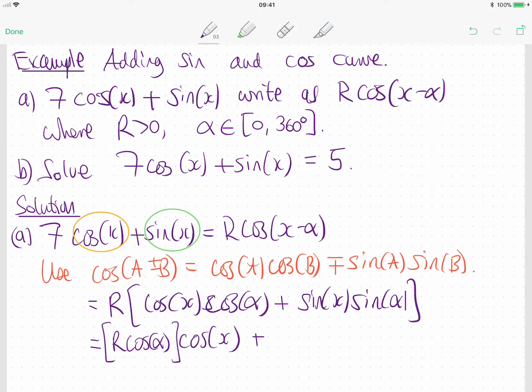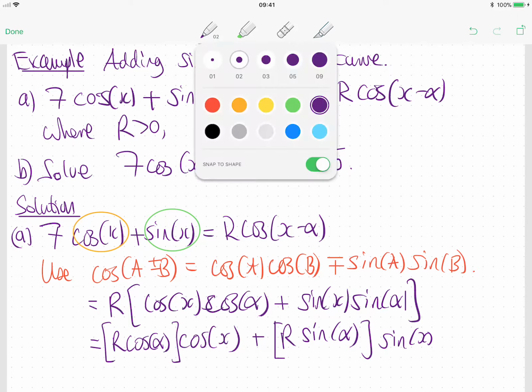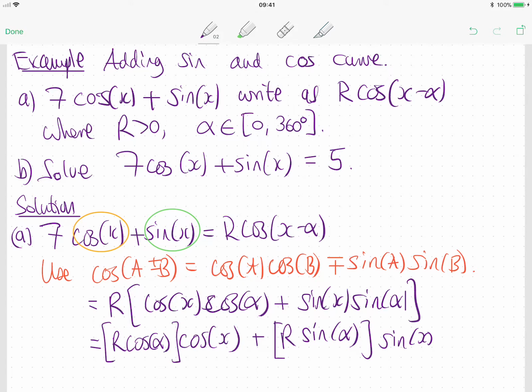And similarly for sine, I'm going to put the sine x outside of a bracket. What sits in front of sine x? Well, this is r sine alpha. So what we're able to do now is compare both sides. There's a cos here, and the cos is already circled on the left, so this number here must be 7.